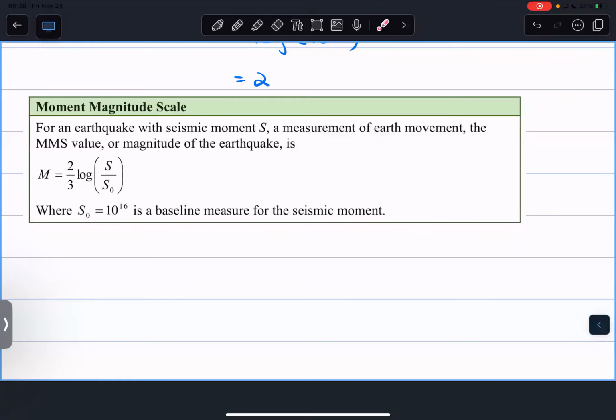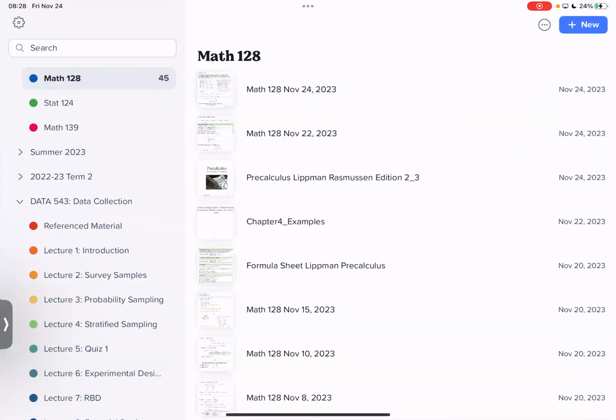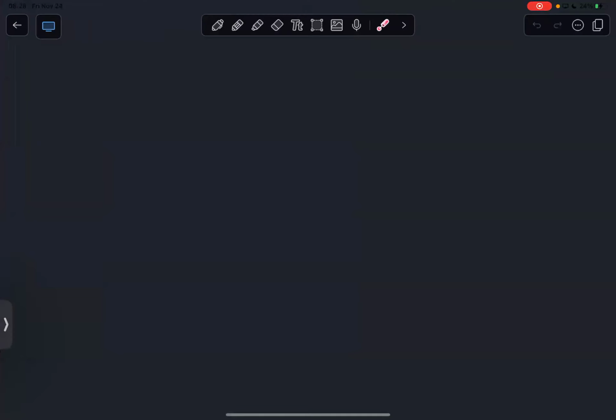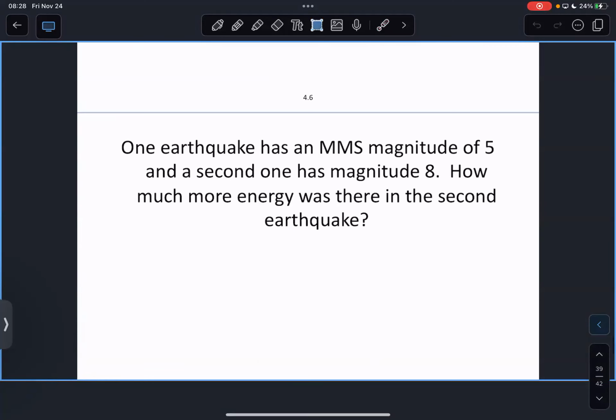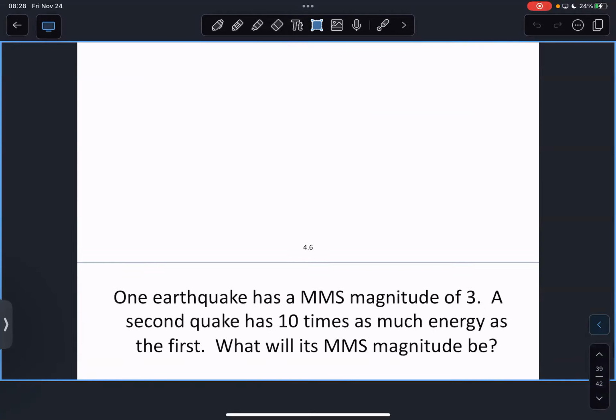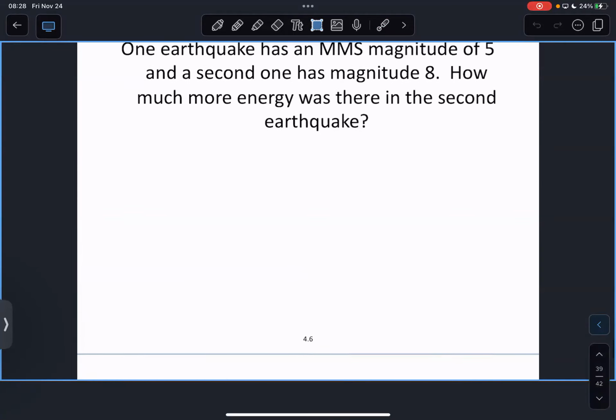I'm scared to go grab the examples. I'm going to see if I can grab both at the same time. Let's see. I'll put this one on the same copy.